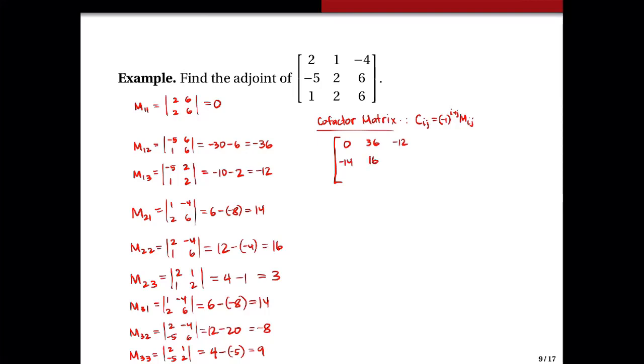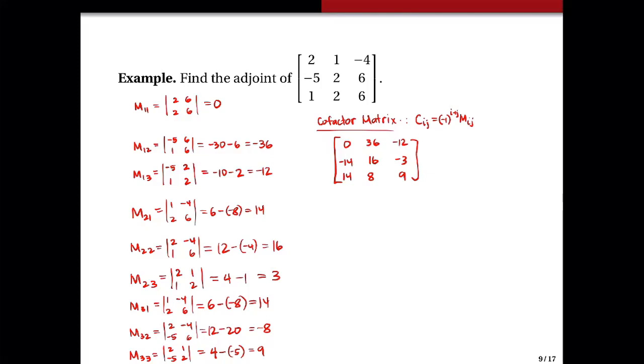M23, you have negative 3. M31, you have 14. M32, you have 8. Then M33, you have 9. Okay? So this is the cofactor matrix.